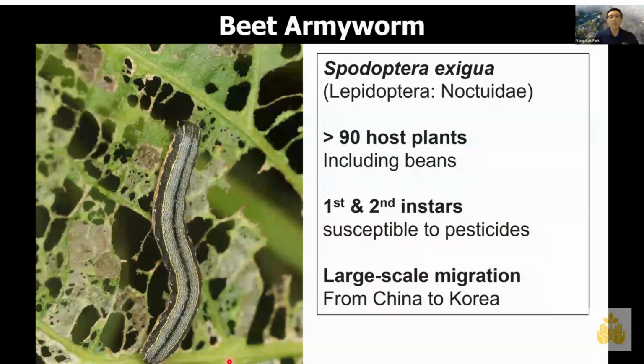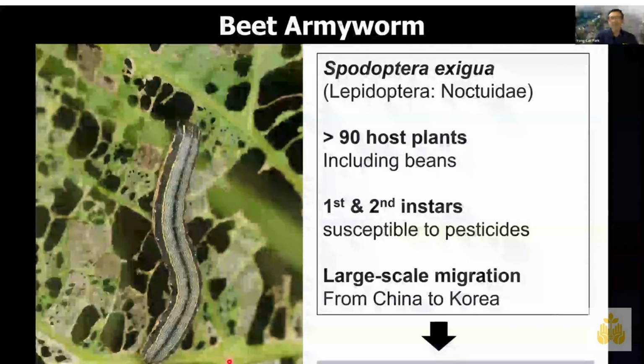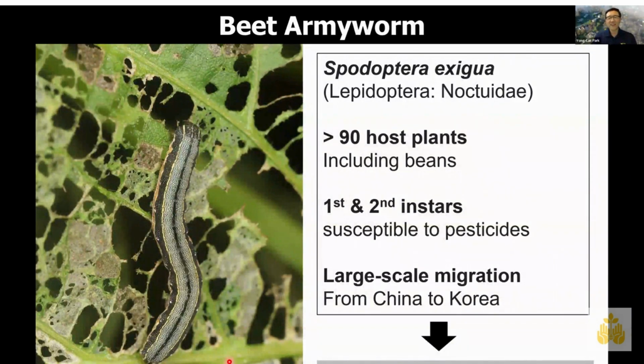In 2018, I was on sabbatical leave from the United States in South Korea. In late July and early August, fortunately or unfortunately, there was an outbreak of the beet armyworm, especially in the western part of South Korea.